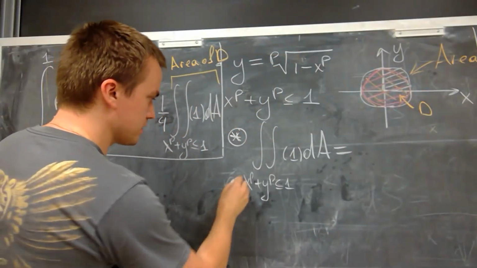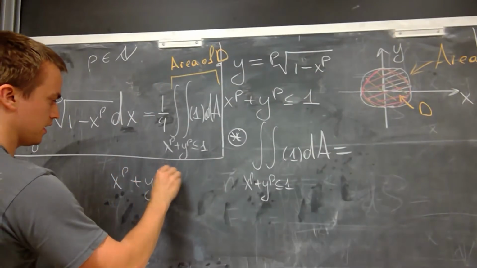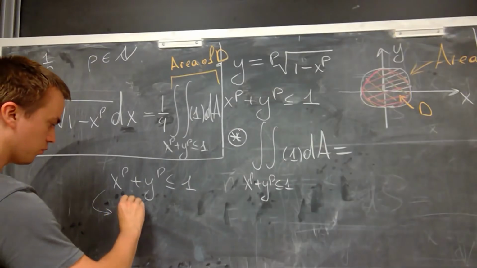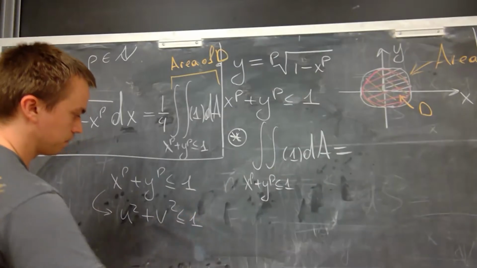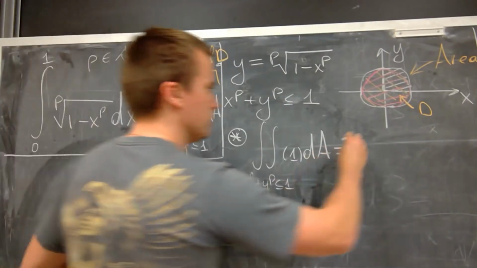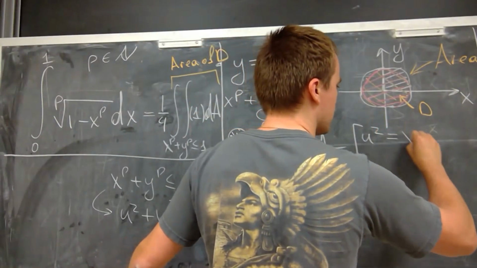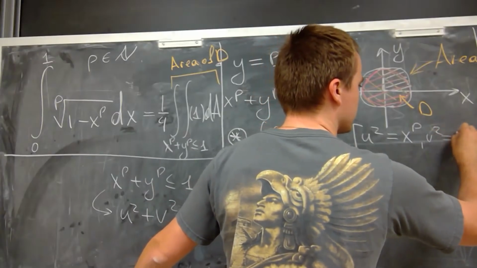Take the equation x to the p plus y to the p less than or equal to 1. By a change of coordinates, let's say I want to get the equation u squared plus v squared less than or equal to 1. What do I need to do to get this equation? I need to make my change of coordinates u squared equals x to the p, and v squared equals y to the p.